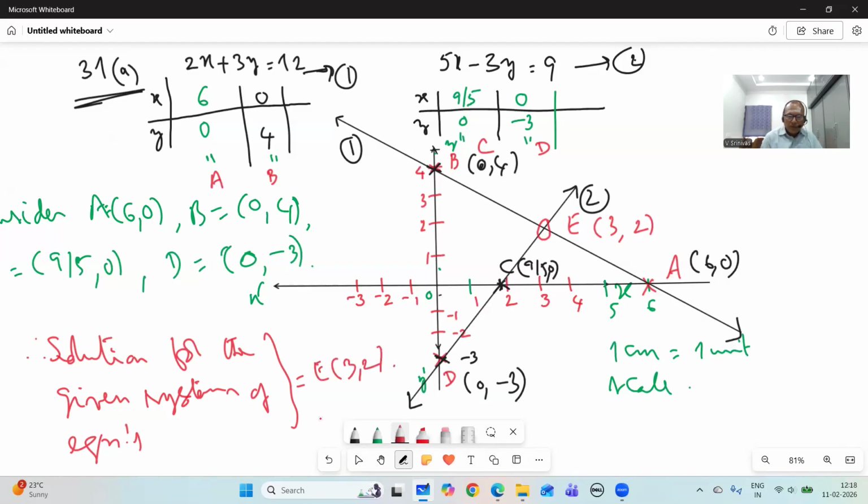Means x equal to 3, y equal to 2 is the solution of the given equations 1, 2. So you take x equal to 3 and y equal to 2. That becomes the solution of the given system of equations.